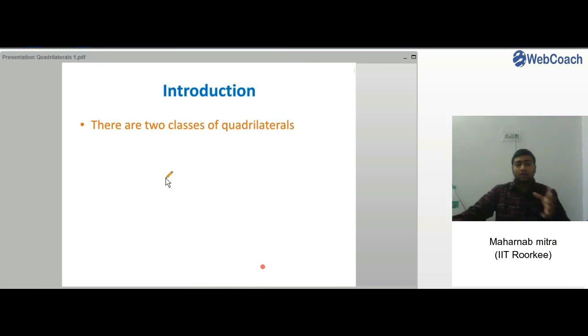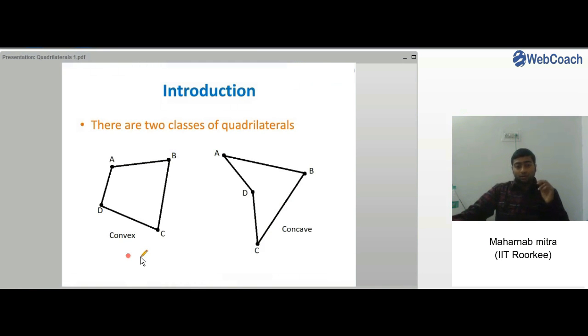So let us learn about 2 classes of quadrilaterals. The 2 classes are convex and concave. You can see the first type is called convex, and why is this? Because you can see all the internal angles are acute angles or obtuse angles.